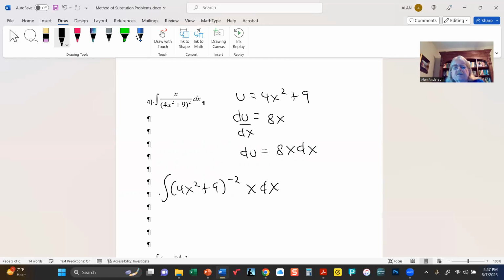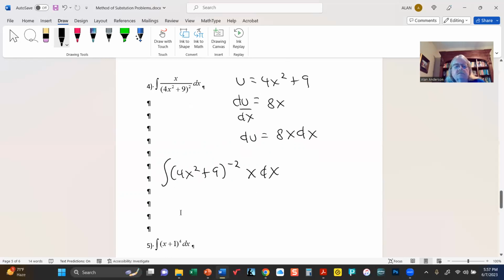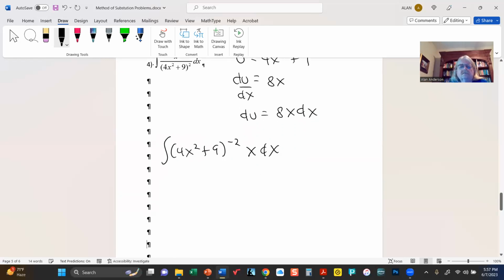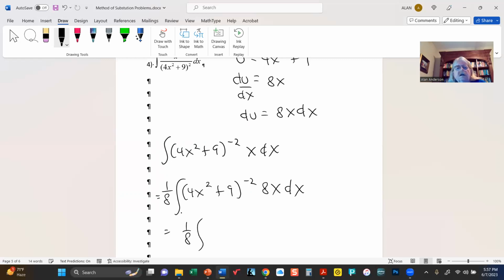And again, we need to supply that 8. So this time we have 1/8 u to the minus 2 du.